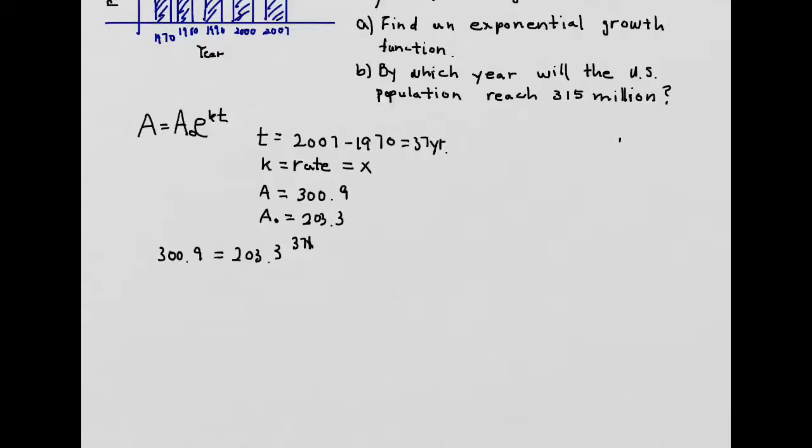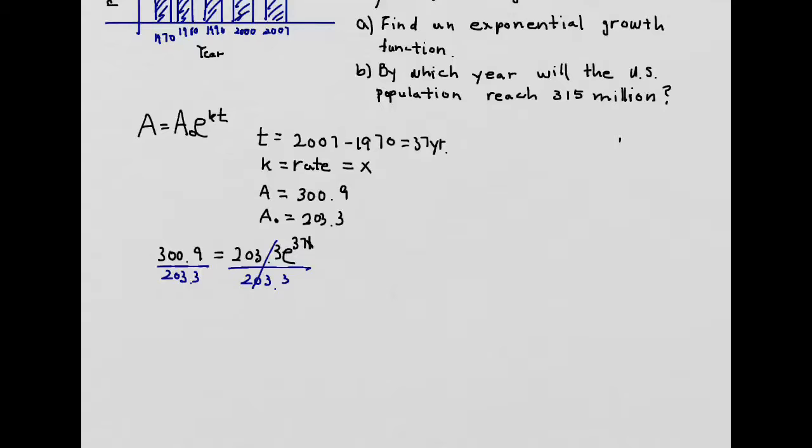I forgot to write e there. When we're solving that, we want to divide both sides by 203.3 first, so that you will leave only the exponential form on the right side.